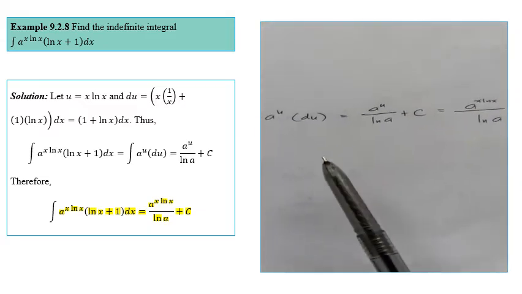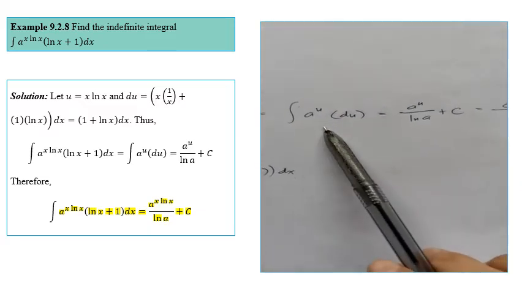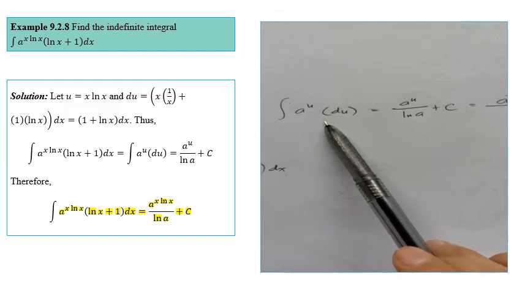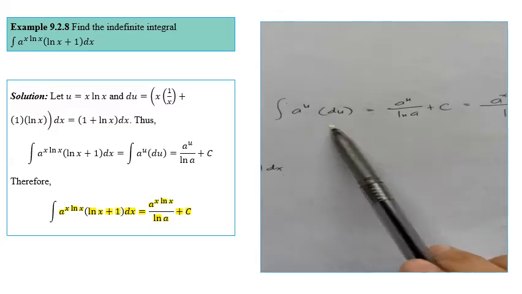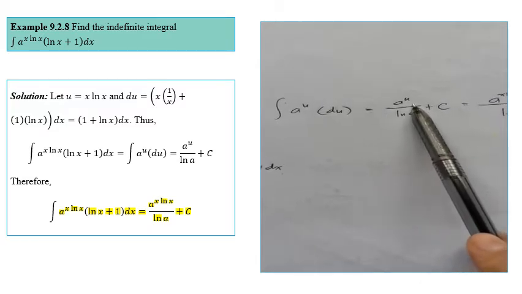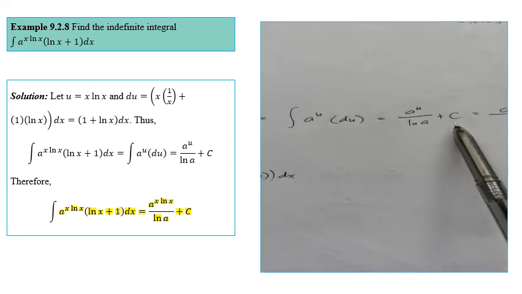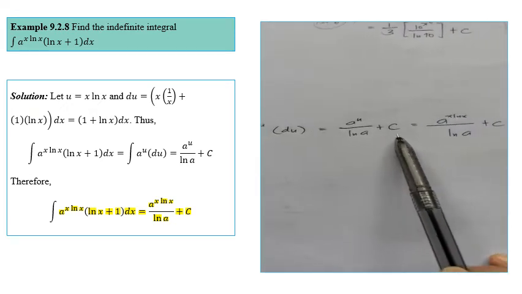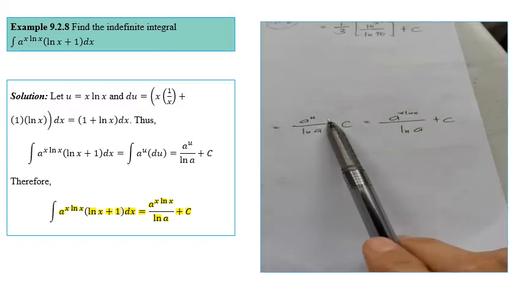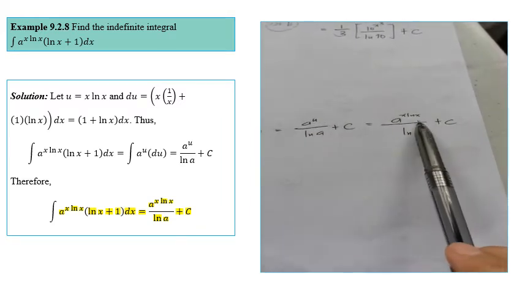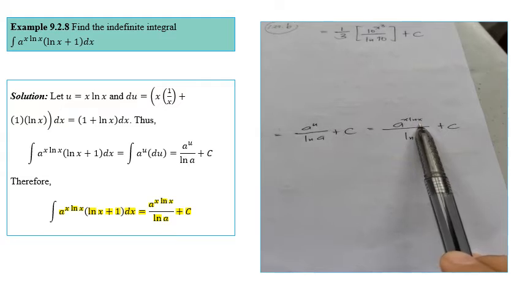So, yun yung in-apply dito sa integral of a to the u du. So, ang integral niya is equal to a to the power of u over the ln of a plus the constant c. Okay, sa final answer natin, kailangan etong u na to is ibabalik natin siya in terms of variable x.